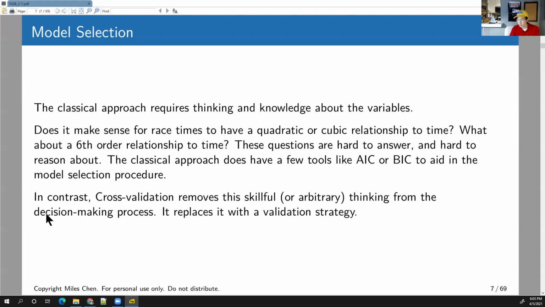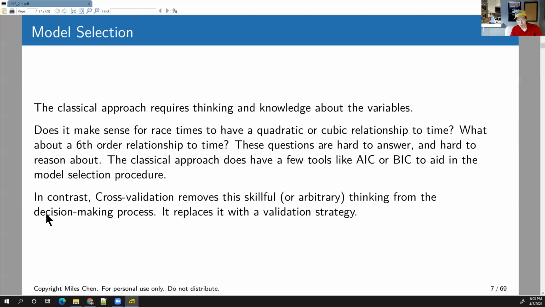You have tools like AIC and BIC to help in the model selection procedure. But what we're going to take a look at today is cross-validation. It removes a lot of the skill that comes in this decision-making process, and the flip side is that it removes the decisions that are a little bit arbitrary, where we just say, this feels good, this doesn't feel good.